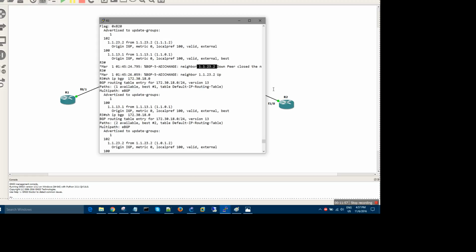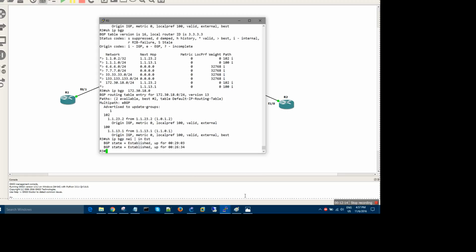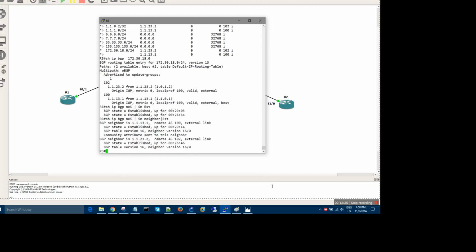Here 23 was reset. That's why it took the oldest route in the routing table, meaning this BGP neighbor is up. If we do show ip bgp neighbor and look at the uptime, this uptime is more, so that's why it's taking this prefix as the best.